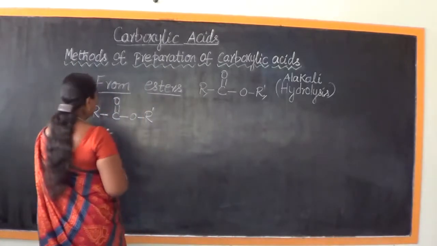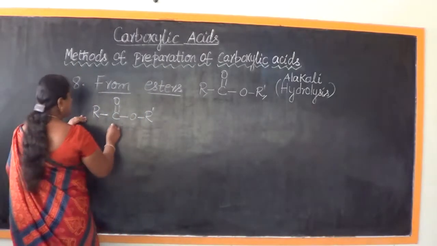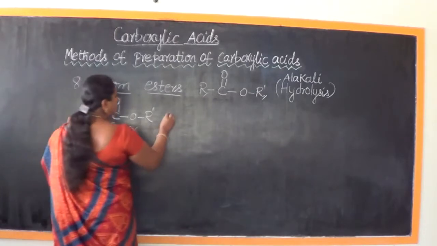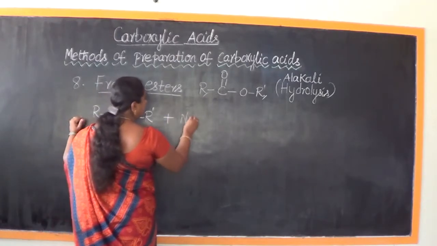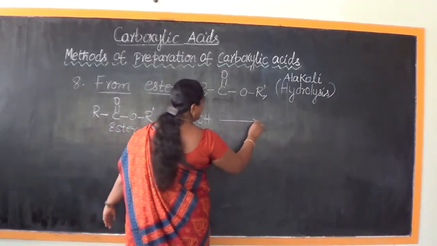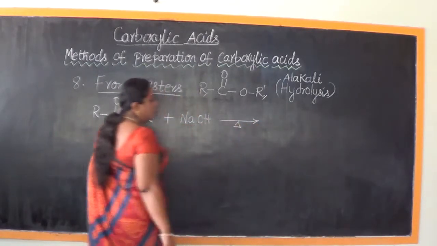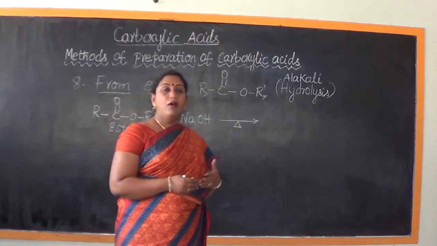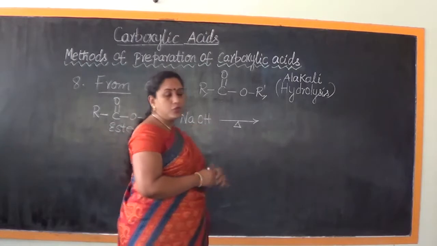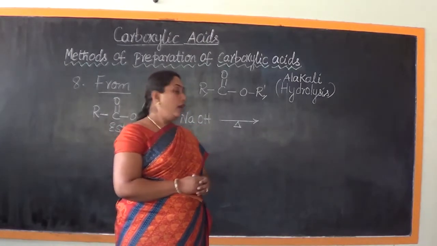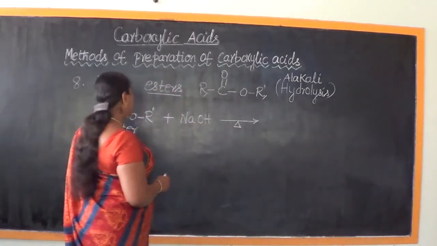Okay, so now this is an example of an unsymmetrical ester I have considered. This is subjected to alkali hydrolysis. We are treating it with a strong base like sodium hydroxide, or instead of sodium hydroxide we can also take potassium hydroxide, and we will get the same kind of result.